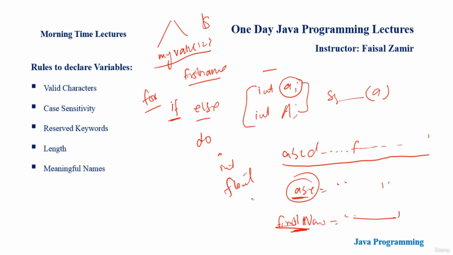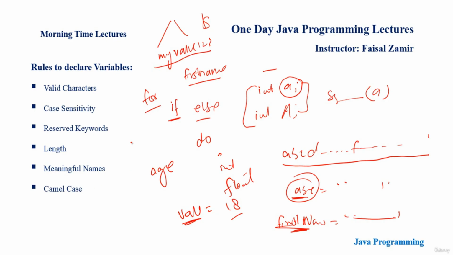For example, if I want to get age from the user, then my variable should be age, not value, equal to, for example, 18, which is the age of the user. That is a valid variable, but not a meaningful name. It depends on which type of data you want to get from the user. According to the data you want to store in a variable, your variable name should match the data.